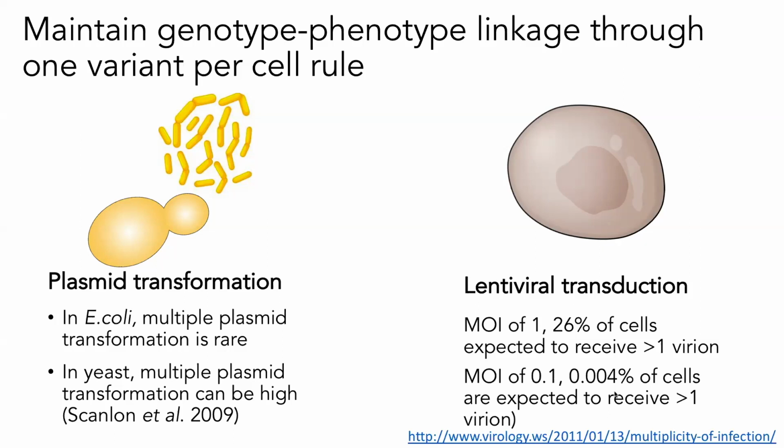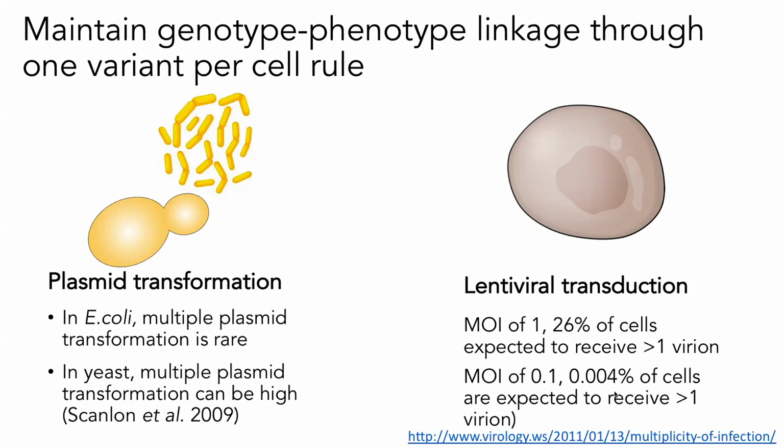For mammalian cells, using the most common form of library introduction, which is lentiviral transduction, you really need to be using a low MOI in order to ensure or bias that a cell will only pick up a single viral particle.